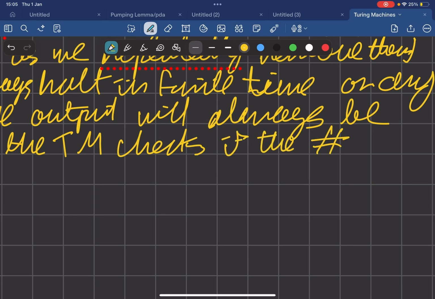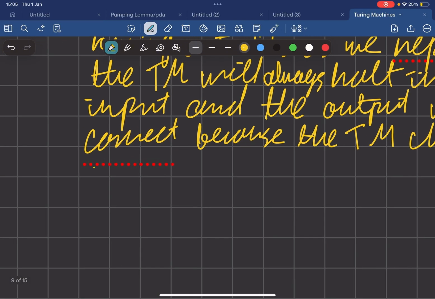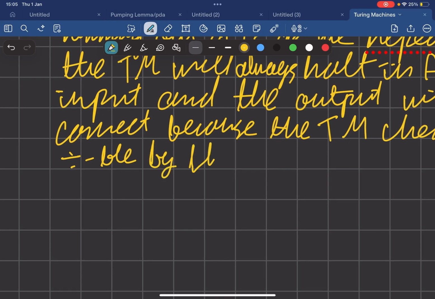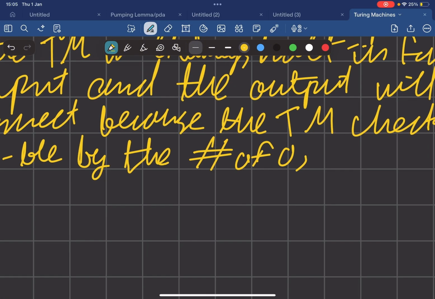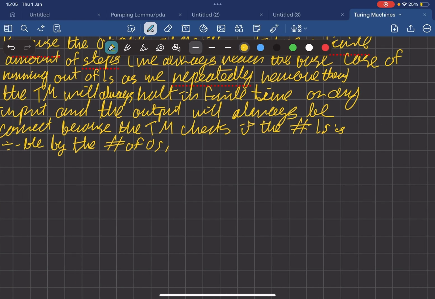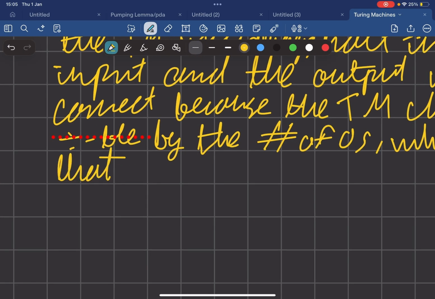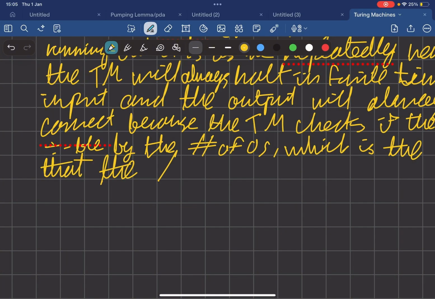So it checks if the number of ones is divisible, I'm just going to write it out short like this, divisible by the number of zeros, which is the same as checking that the number of ones is a multiple of the number of zeros.